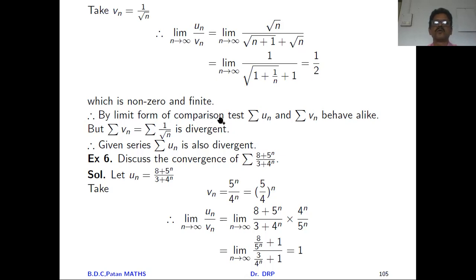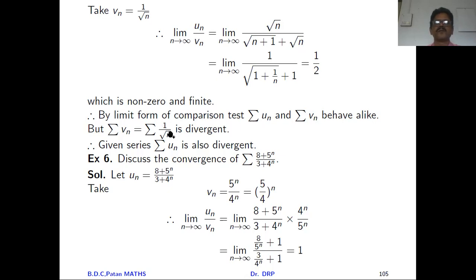So by using the limit form of comparison test, both series un and vn behave alike. But vn is what? Summation vn is summation 1 upon square root of n, and this can be written as n raised to half in the denominator.